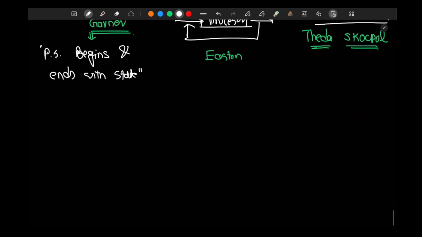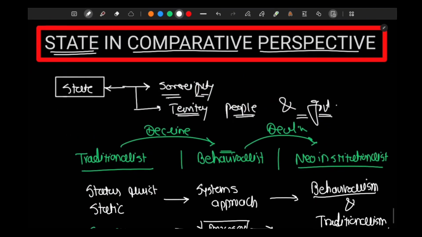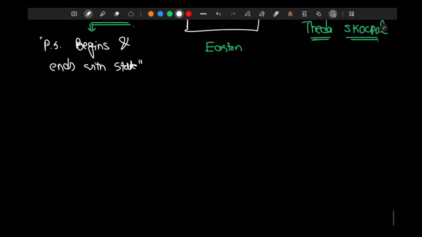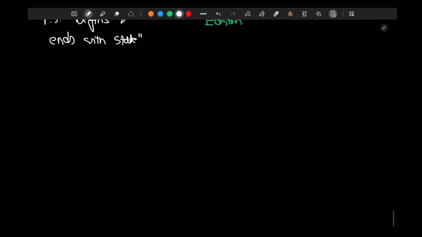We can also compare state with respect to different political ideologies. These were approaches to political science, but traditional approaches have different philosophies like liberalism and Marxism. Behavioralism has different philosophies like the elitist school of power and the pluralist school of power. Traditionalist also has feminist, and neo-institutionalist is a thing of itself. So we can also compare state with respect to philosophies, how each philosophy sees state. That analysis has to be there.